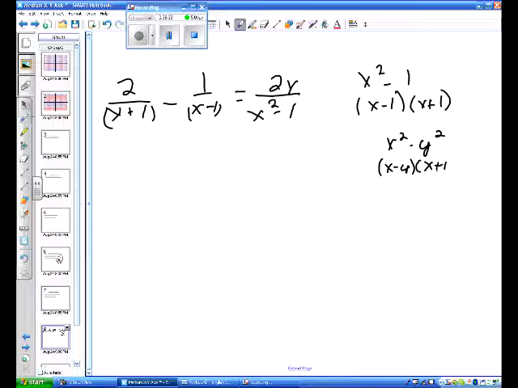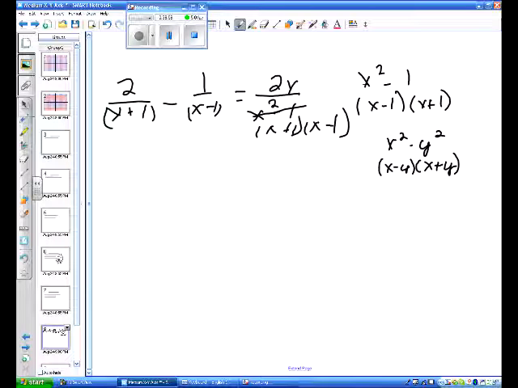Any factoring you're going to do right now will be fairly simple, and the difference of squares is something that you should remember from your earlier algebras. So this factors to be x plus 1 times x minus 1.